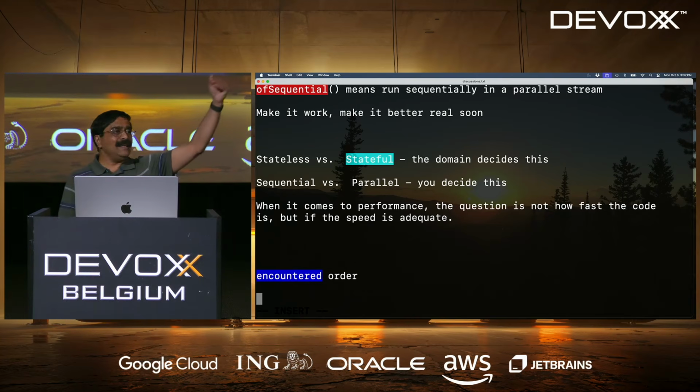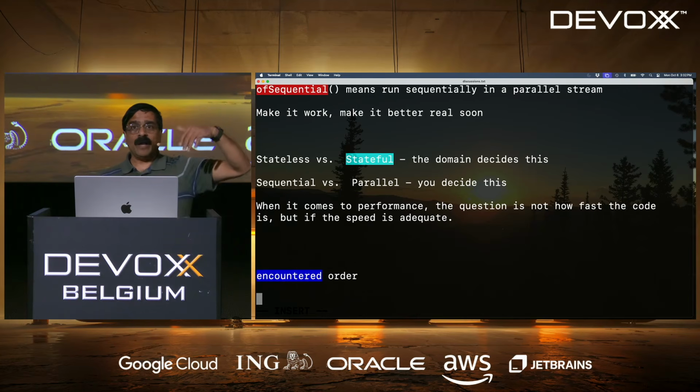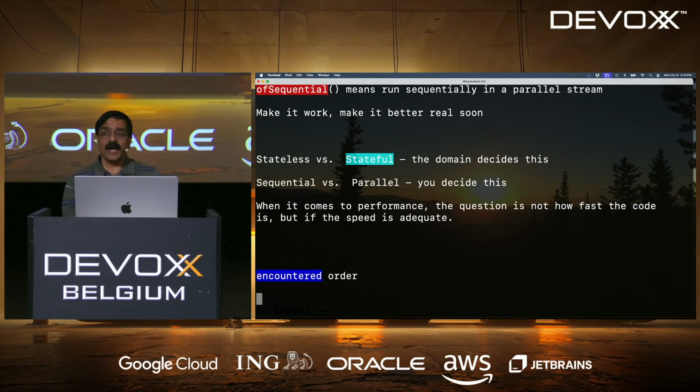If you are working with a list, it has an order. However, if you work with the set, it doesn't impose an order. Well, your encountered order is what the stream tells you. On the other hand, whether you have a stream, a set or a list, if you did sorted, and then you have a stage after it, that sort is going to impose an order for you.